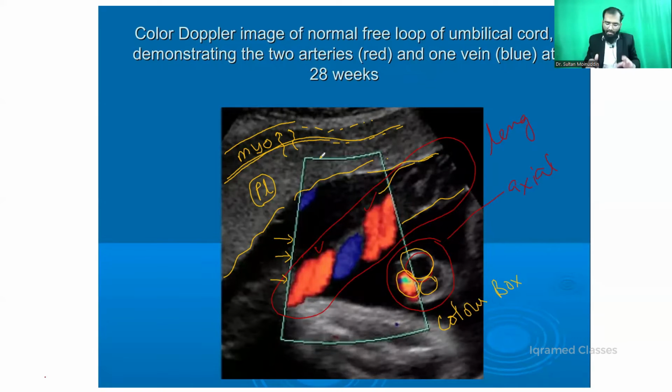So always remember, this color box size has to be as small as possible. If you put the color box size as small as possible, you would get beautiful images. The Doppler colors would be beautiful.